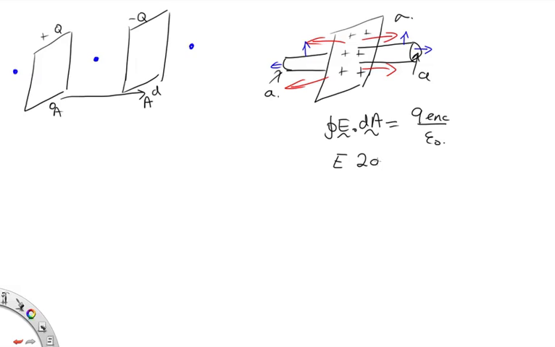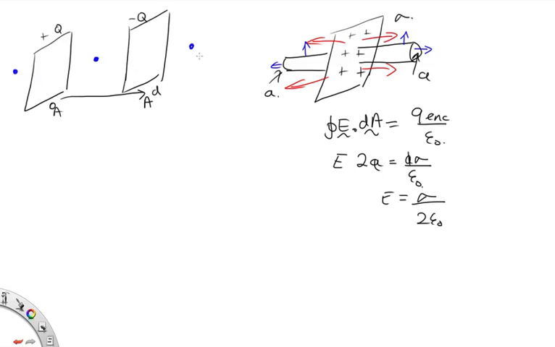So this is 2A. And this is equal to the enclosed charge, which is this surface area A times our charge density, over epsilon naught. So these A's cancel off and we end up with our electric field due to the one plate equal to sigma over 2 epsilon naught. And it doesn't matter how far away we get, this electric field is constant.